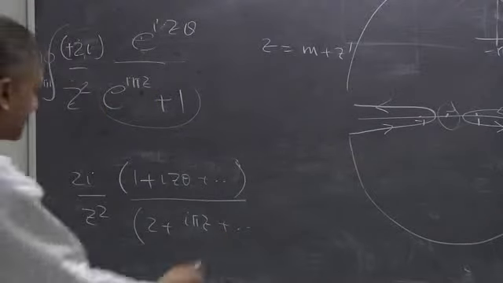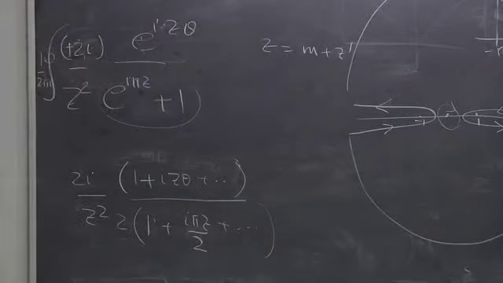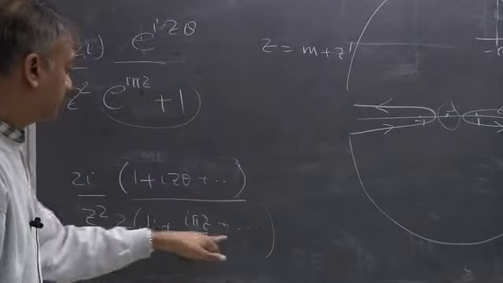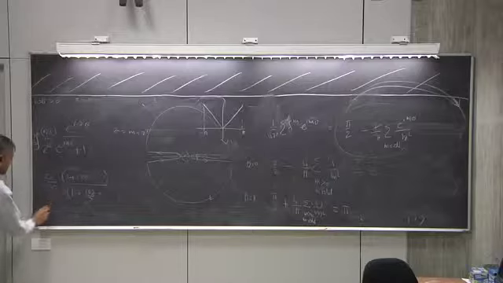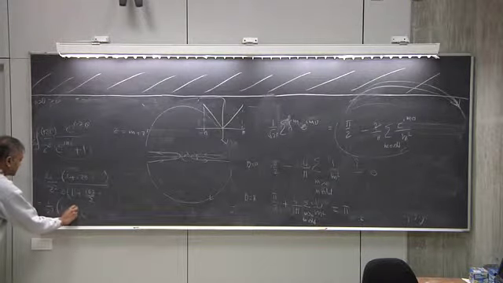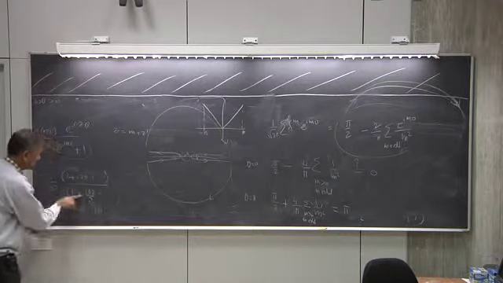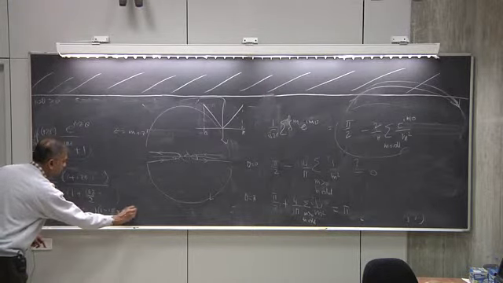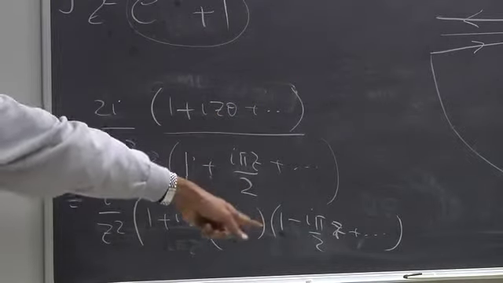Once again, I can take out a factor of 2 here. This becomes 1, but then I have here a factor of a half. Now I can make a geometric series expansion, right? So this is the same as 2i divided by z squared, and you get here 1 plus i z theta plus dot dot dot, and 1 minus i pi by 2 z plus dot dot dot, because this is the denominator. When you make a geometric series, you get that.